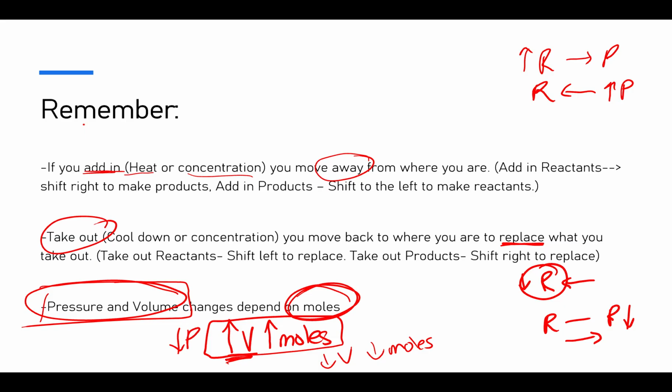So that would also mean if I decrease my pressure, I move to the side with more moles. The opposite to that, if I'm decreasing my volume, I would be increasing my pressure, so I would move to the side with less moles. Again, if your moles are the same on each side and there was a pressure or volume change, there is no shifting. And pressure and volume only applies to gases.